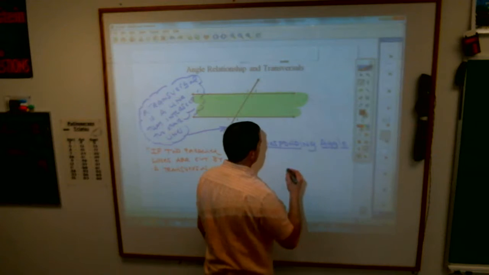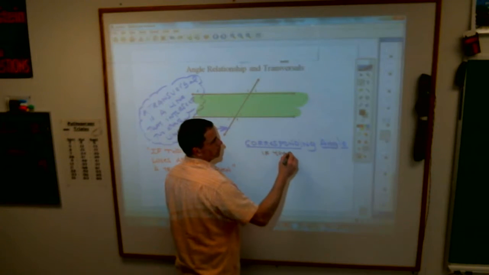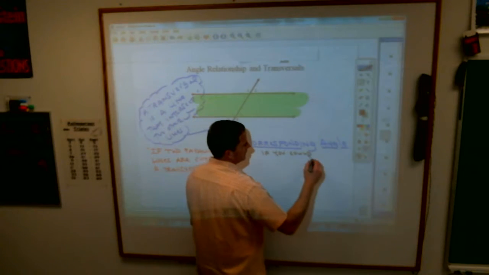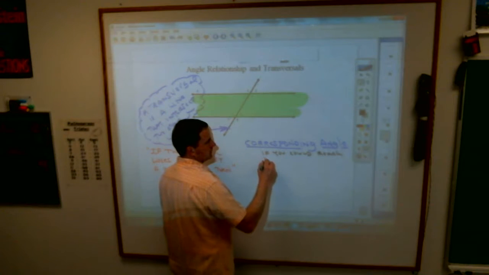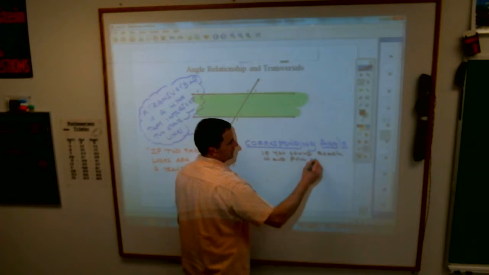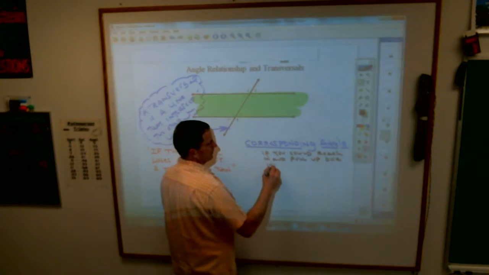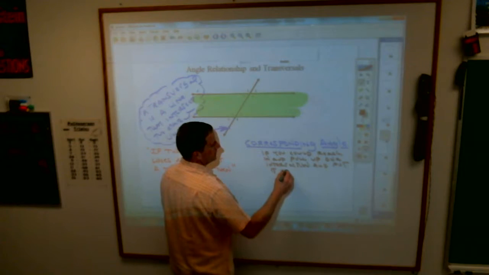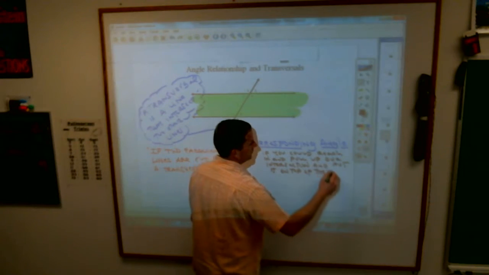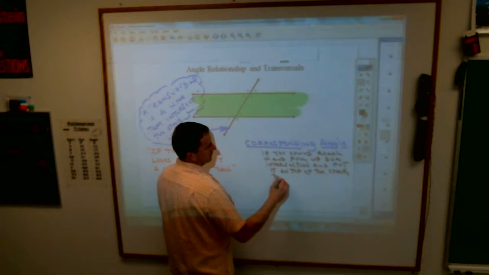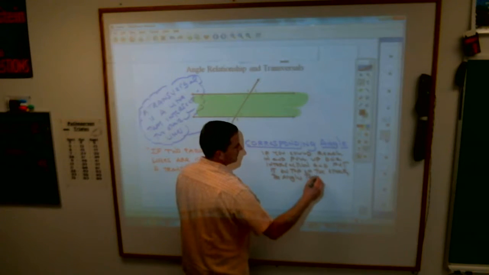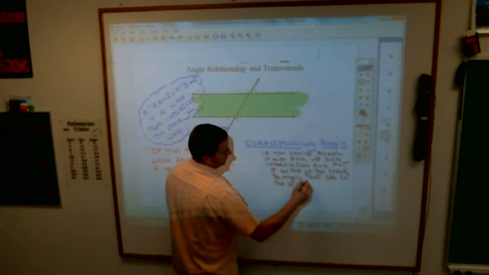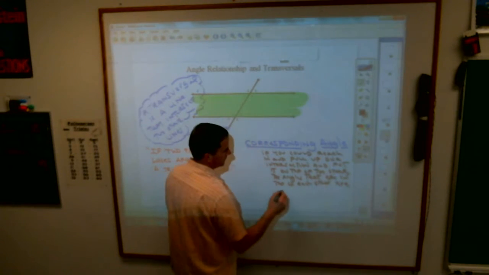Think, if you could reach in and pull up one intersection and put it on top of the other, the angles that are on top of each other are corresponding.